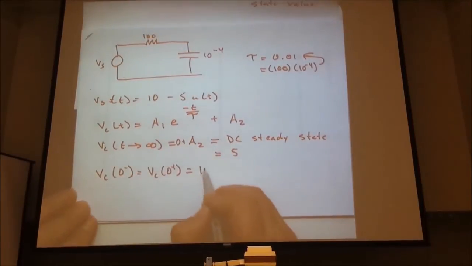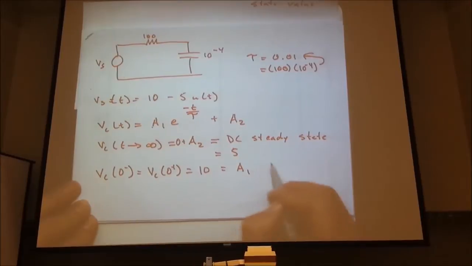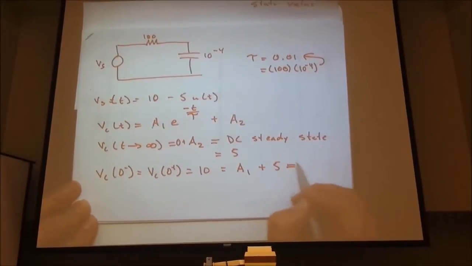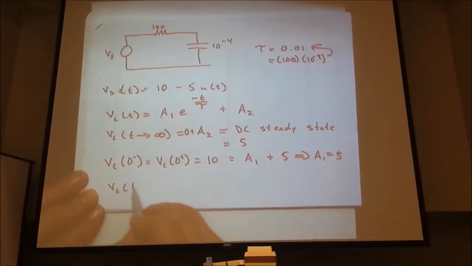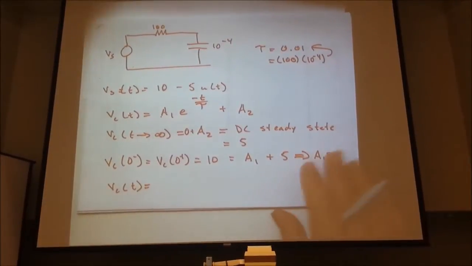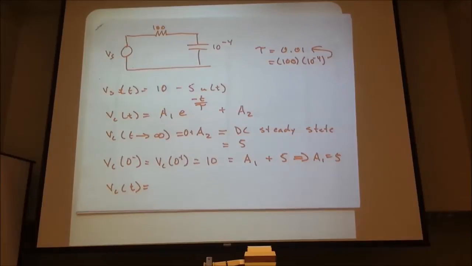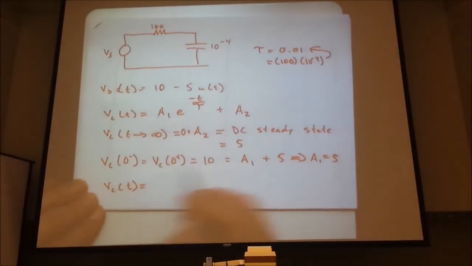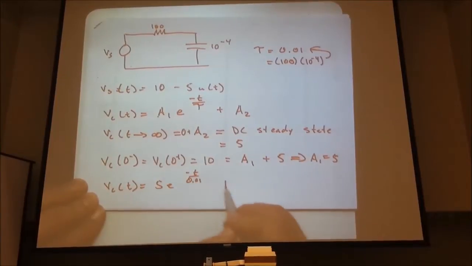And so that's 10 equals A1 plus 5, giving us A1 equals 5. And VC of t equals 5 e to the minus t over 0.01 plus 5.